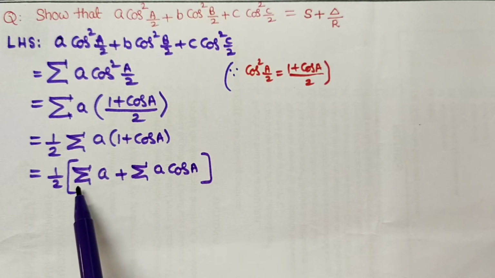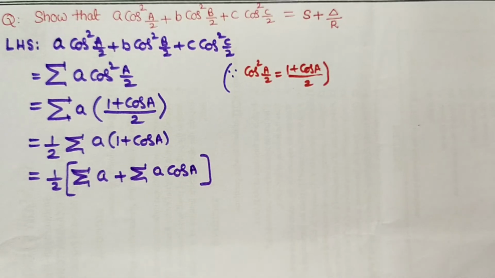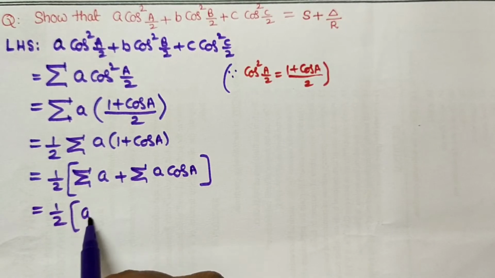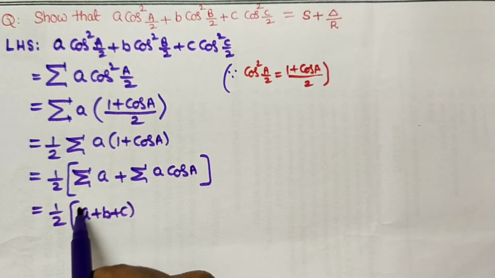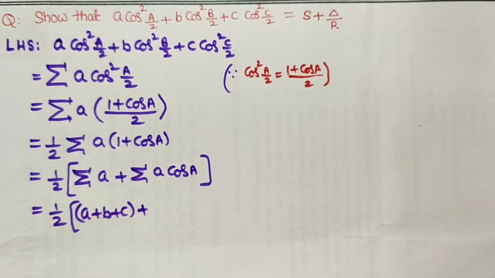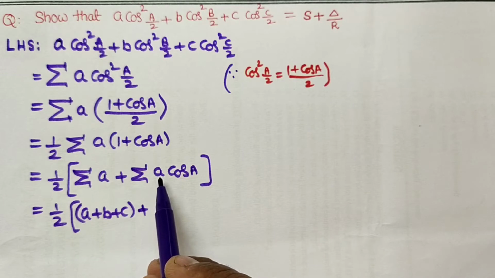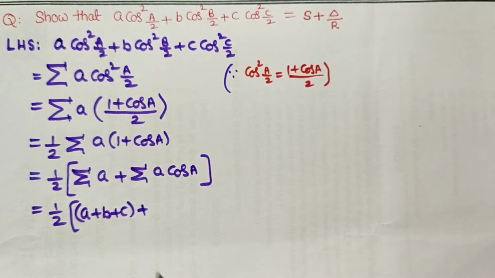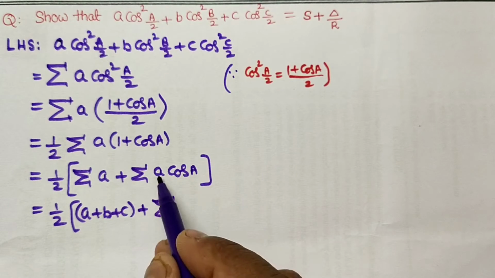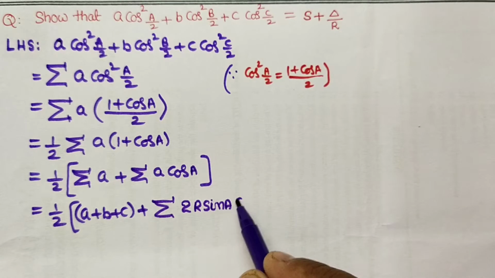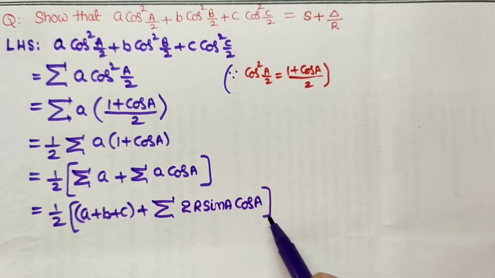If you expand sigma a in cyclic order, it becomes small a plus small b plus small c. So now 1 by 2, bracket a plus b plus c, plus sigma, small a from the sine rule we can write as 2R sin A, into cos A, bracket close.